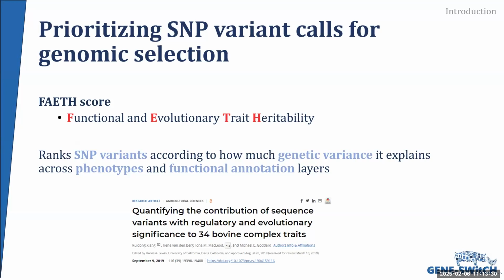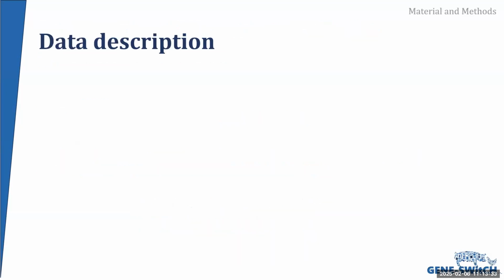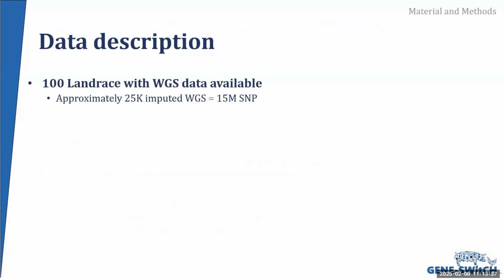In order to test this and to produce this, we sequenced, as part of the Gene Switch Consortia, 11 landrace pigs that had extensive whole genome shotgun data as our reference panel. We then used that reference panel to impute 25,000 SNP genotypes that we had on other individuals, and ended up with a total set of about 15 million SNPs that were imputed across the entire population.